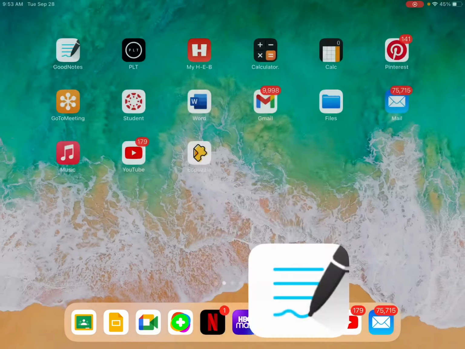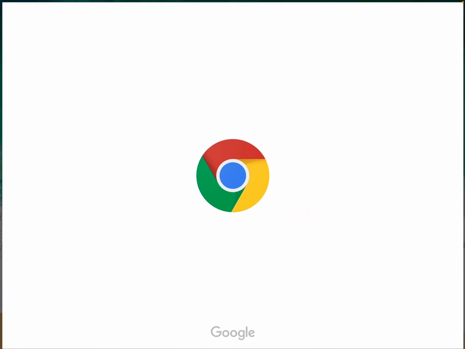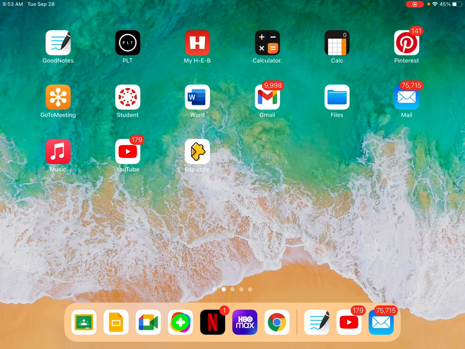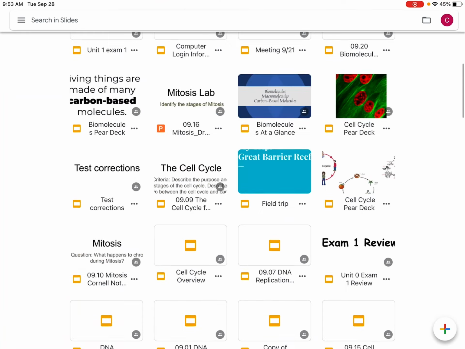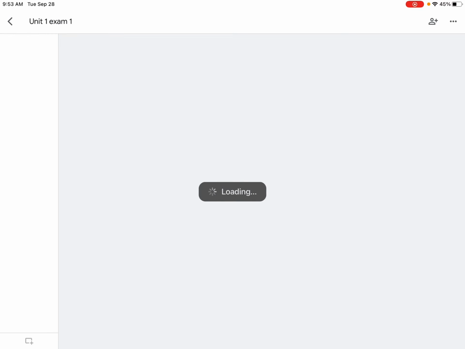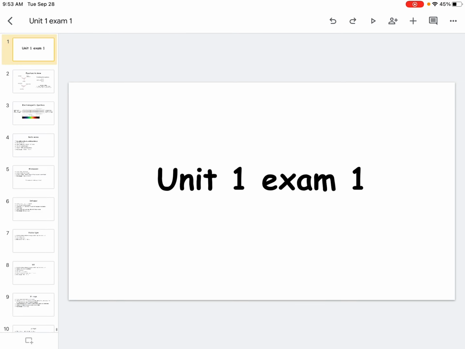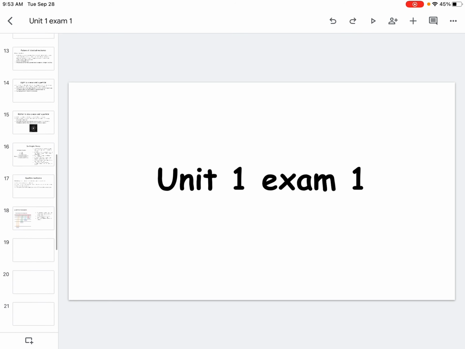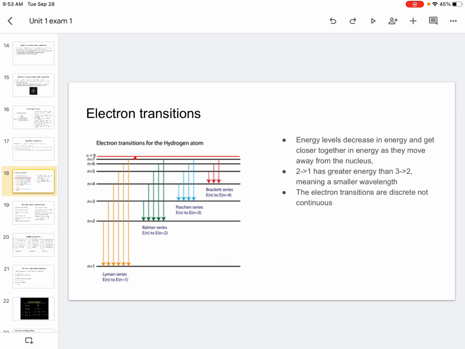If we look at electron transitions, you'll see that the gap between 2 and 1 is a lot bigger than the gap between the top ones.